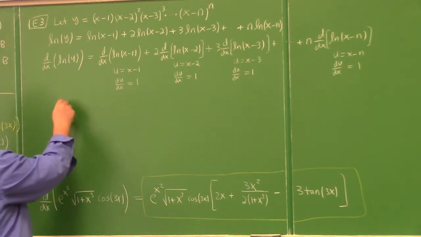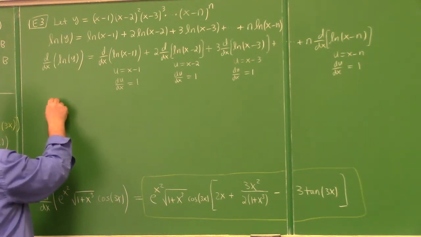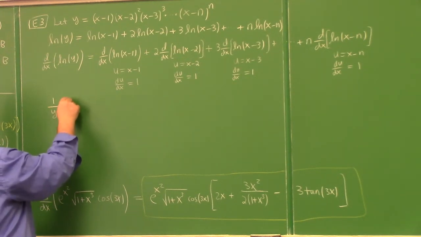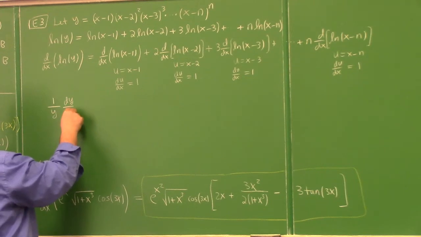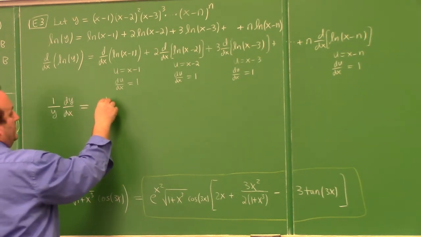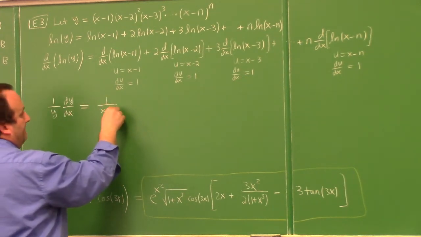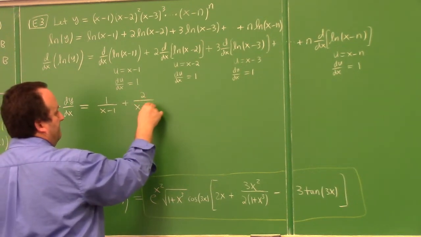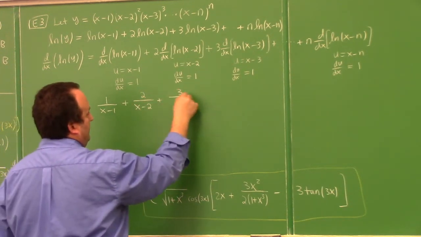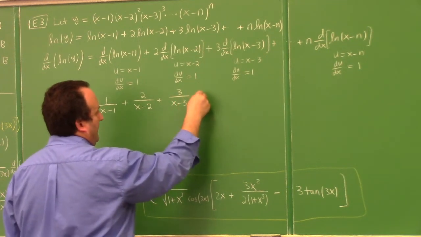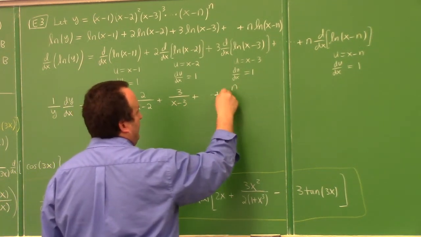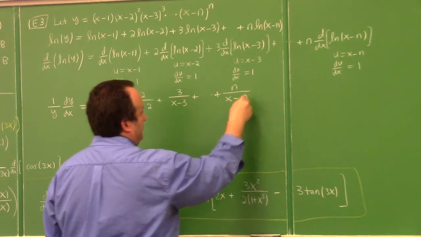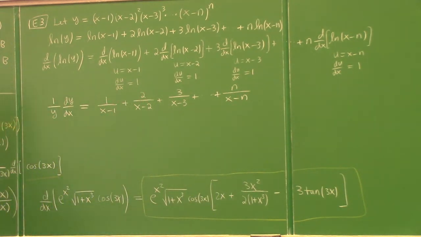And so what we have is 1 over y dy dx equals 1 over x minus 1 plus 2 over x minus 2 plus 3 over x minus 3 plus n over x minus n. And so here we go.